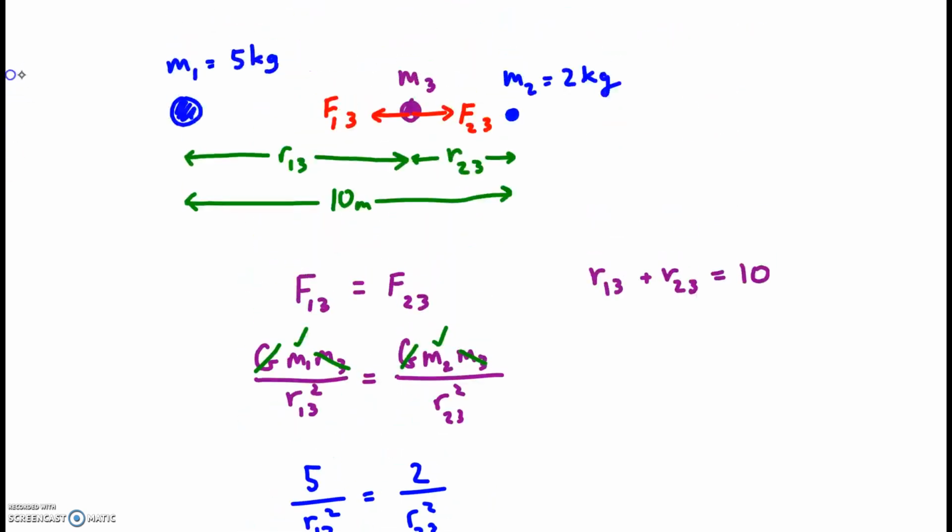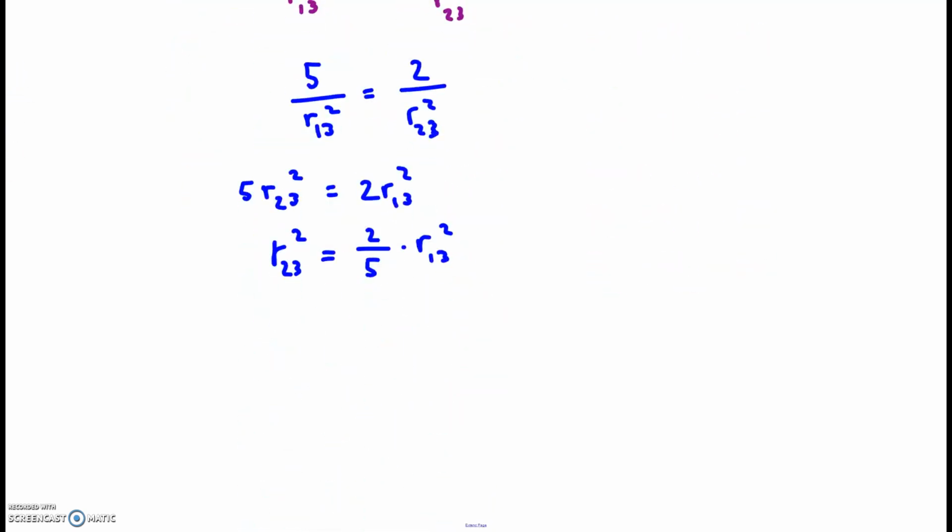Did I get that mass right? M1 was 5, yep. And the final step is to square root both sides. I square root this, and I can distribute the square root to both factors. So I have R23 is radical 2/5 times R13.